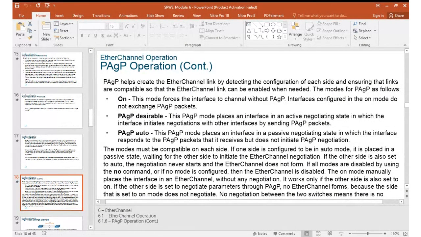If interfaces are configured in on mode, they do not necessarily need PAGP to operate. If the interface is on PAGP desirable, then it has the ability to actively negotiate or exchange what we call PAGP packets.